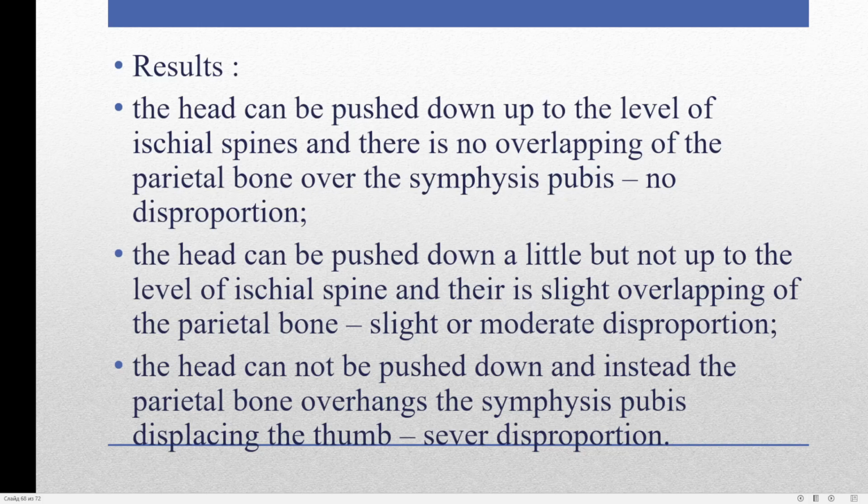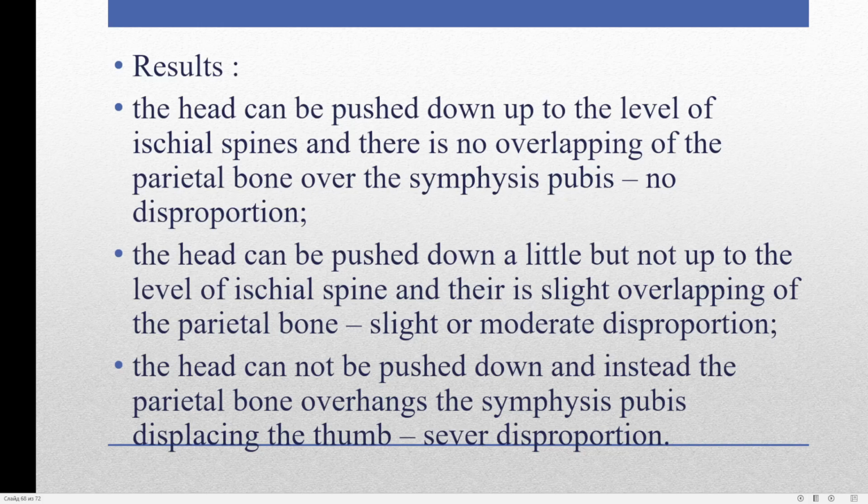Result: the head can be pushed down up to the level of the ischial spines, and there is no overlapping of the parietal bone over the symphysis pubis. In this situation, there is no disproportion.